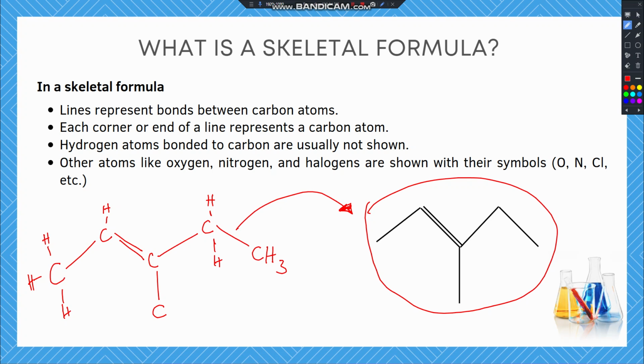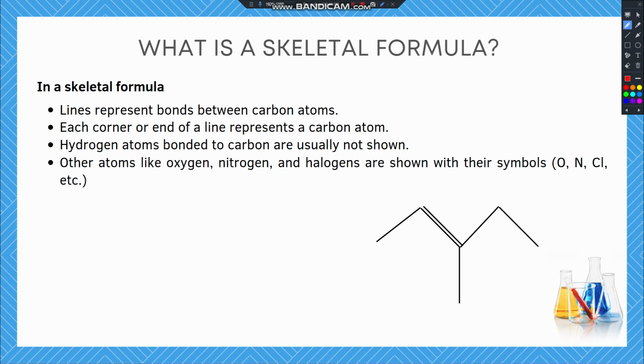Now, the next thing about the skeletal structure is that hydrogen atoms are usually bonded to carbon and they are usually not shown. You can see over here in this structure that we did not denote the presence of hydrogen atoms. But when I was making it more illustrative and visible, I showed the presence of the hydrogen atoms. In the skeletal structure, we usually do not show them.